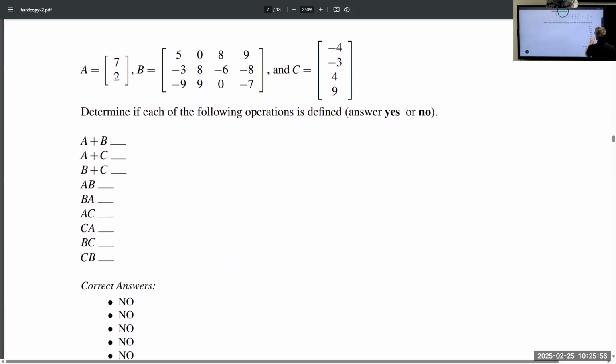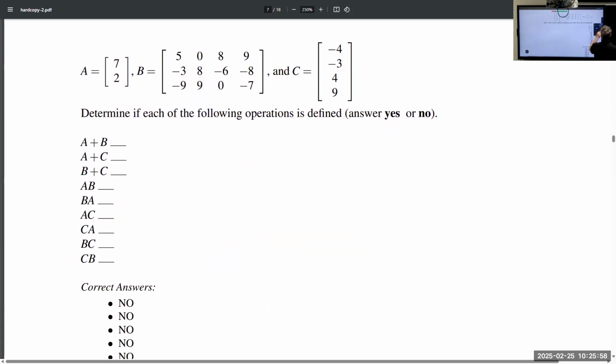And let's look at the next one. If the last one was okay, let's look at this one and see what it brings. We get matrix A, B, and C. Determine if the following operations is defined, yes or no. So with addition or subtraction, they have to be the same dimensions.